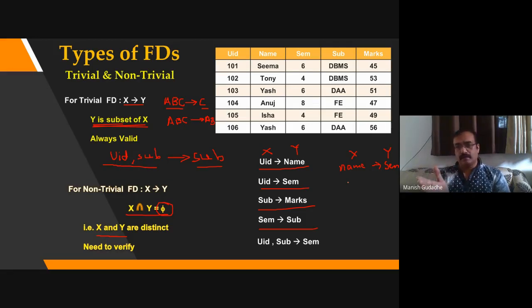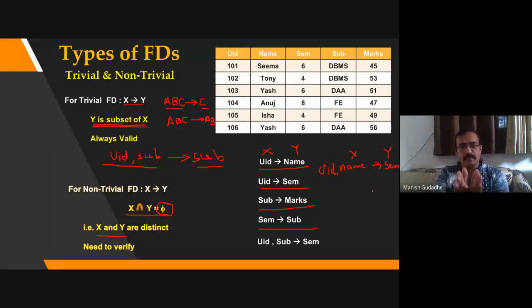So if I'm relying on this FD, I'm not going to get proper information. There are two Yash in the same class, learning the same subject, scoring different marks, having different UIDs. So name determines subject probably will not be a valid FD. But if I join UID here, then this is okay. UID and name can uniquely determine semester. This FD exists, this FD is valid, the previous is not.